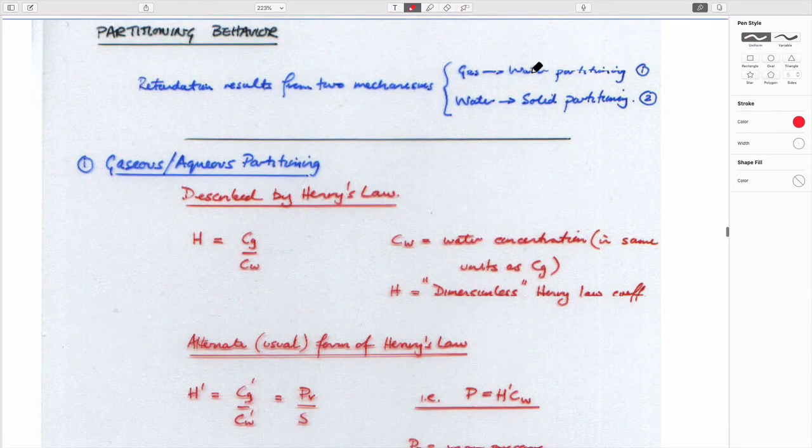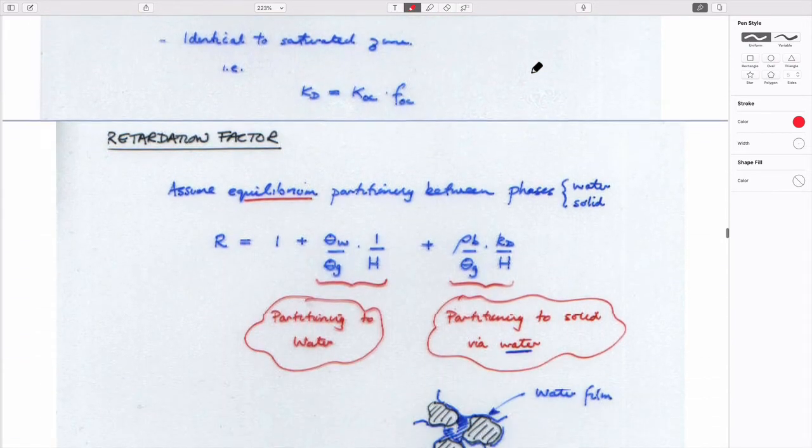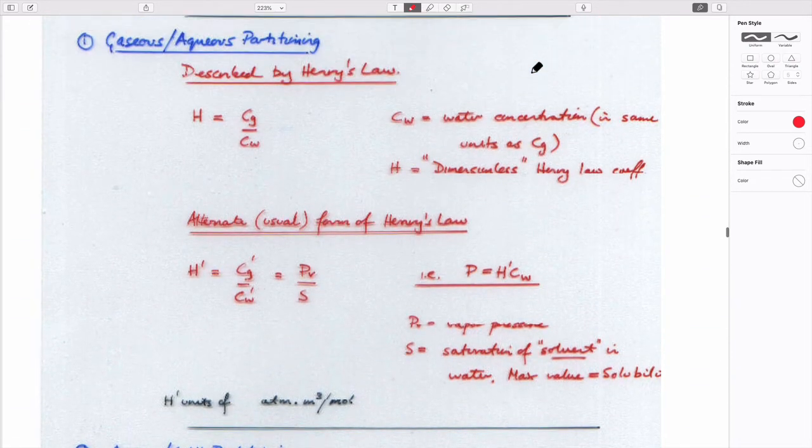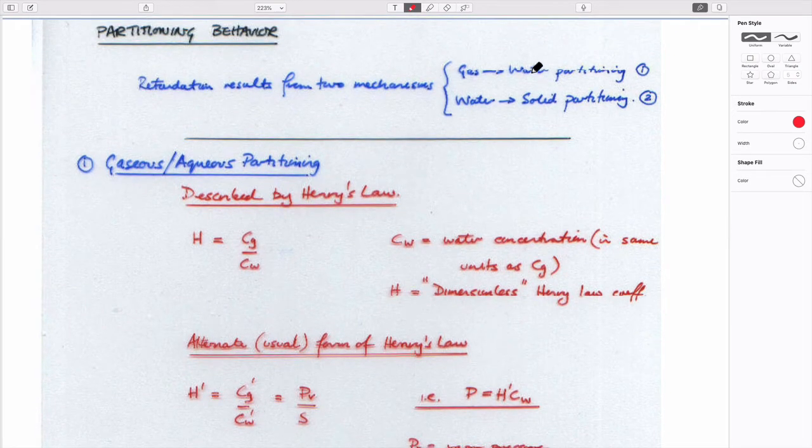So the other part we need is to figure out exactly what the partitioning is. And so the partitioning is defined in terms of absorption in the system.